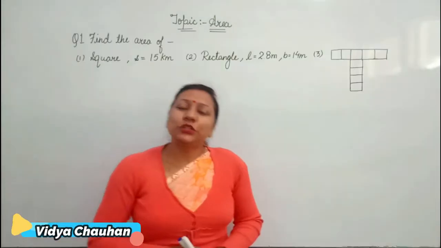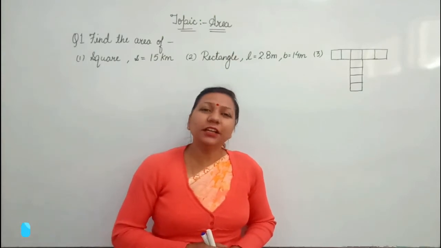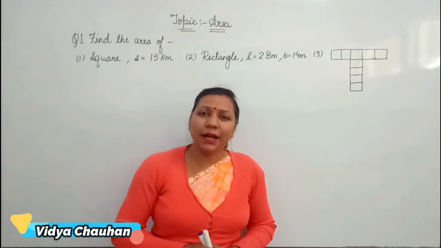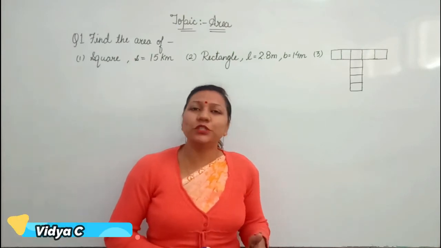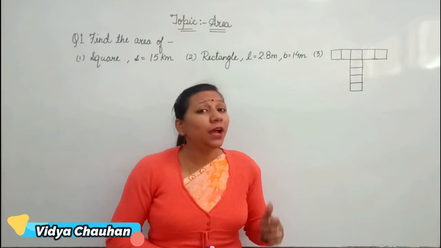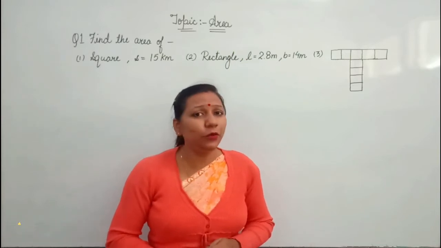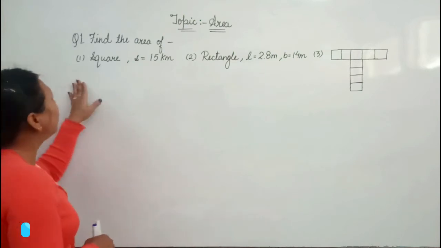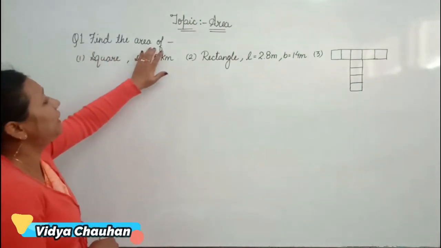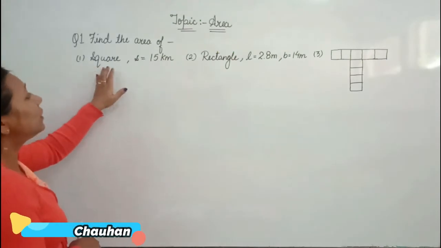Clear students? So now students, after understanding the concept related to areas and also the formula of those two figures, that is area of a square which is side into side and area of rectangle, length into breadth. Now let's discuss some questions from your book exercise. And the question says, find the area of, first part, a square.